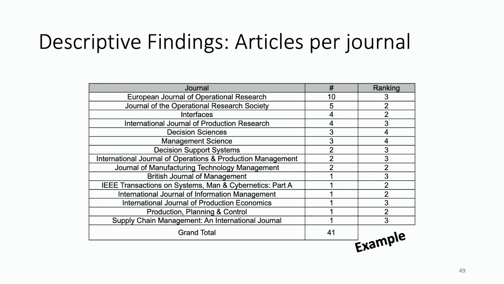Then, for example, which journals were the source for the publications you obtained? In my case, I got most of my papers from the European Journal of Operational Research, and I have different rankings for those.